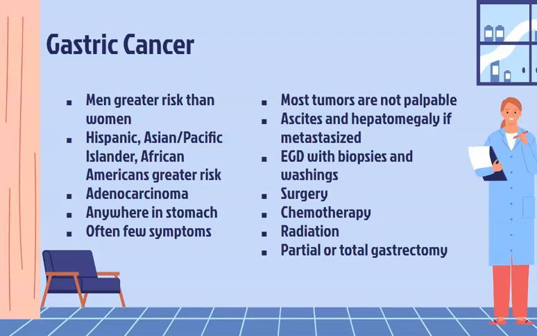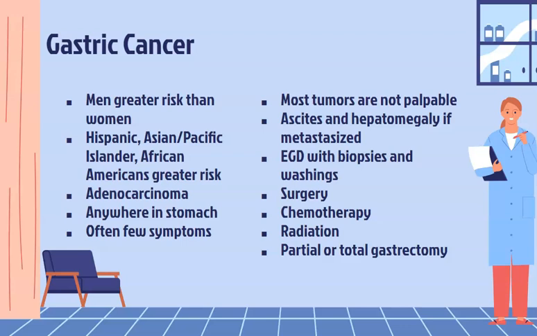Most tumors aren't palpable. You're not going to find them by your standard abdominal assessment and palpation, and certainly not going to hear a tumor when you're auscultating the abdomen. You might see some ascites or hepatomegaly if there has been metastasis of the tumor itself.